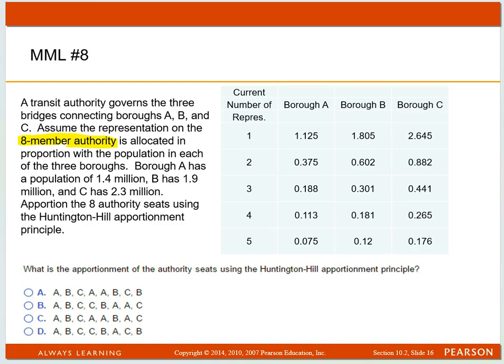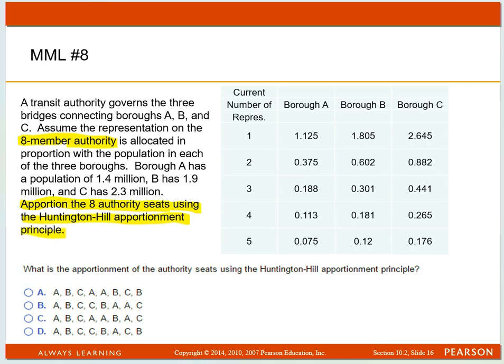Borough A has a population of 1.4 million, B has 1.9 million, and C has 2.3 million. Apportion the 8 authority seats using the Huntington Hill apportionment principle.